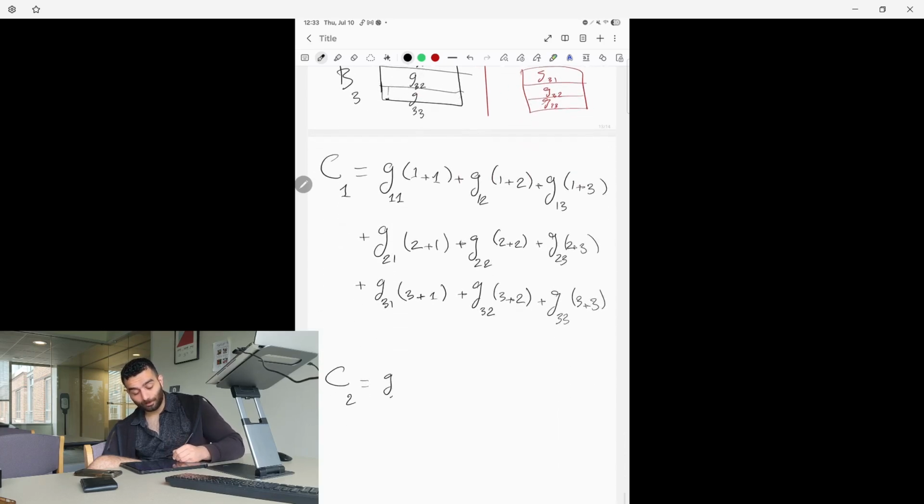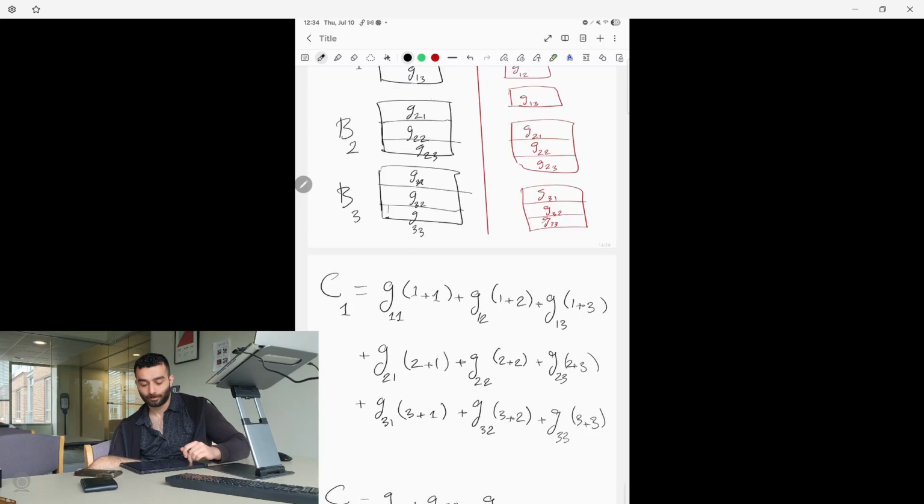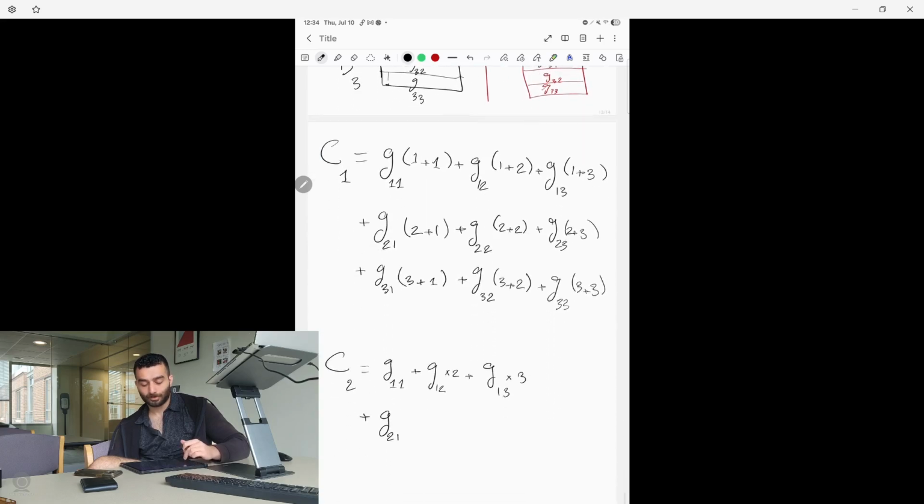so G11, this time just 1, plus G12 times 2 plus G13 times 3, plus G21, this time instead of being 2, it will be number 4, right? So it's just adding 2 to each item.